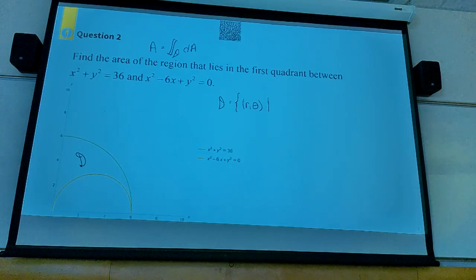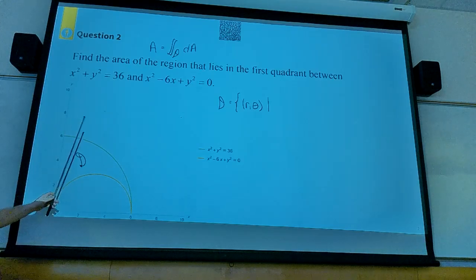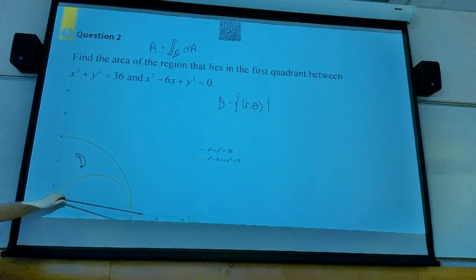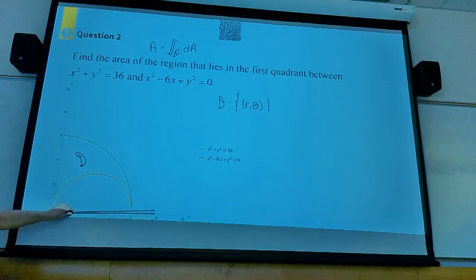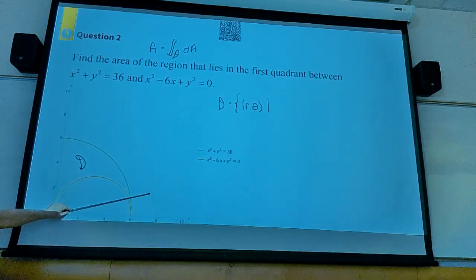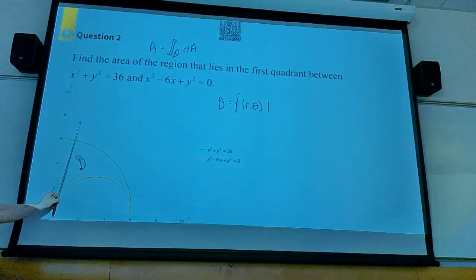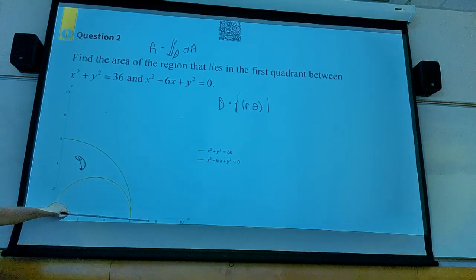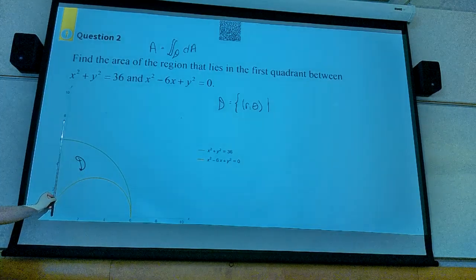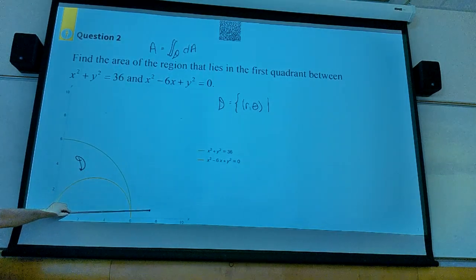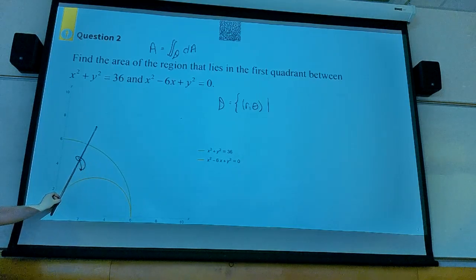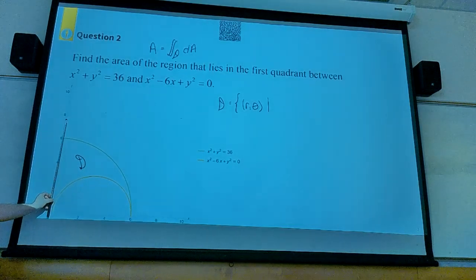So start with theta. In this case for polar, you're not looking at vertical or horizontal bars. You're looking at a radial bar, and it's rotating. So what is that rotating through? Here's pi over 2.